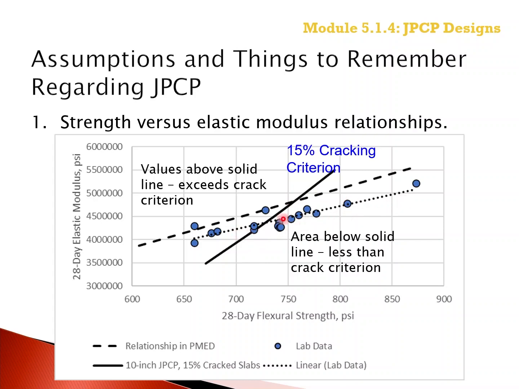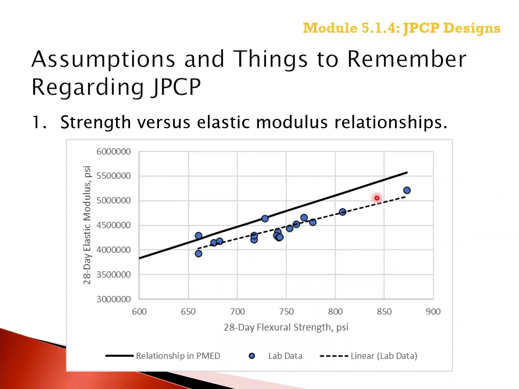So the laboratory data, the measured flexural strength versus elastic modulus, is now compared to the dashed line of the regression equation between flexural strength and elastic modulus that is included in the software, showing that there is a bias. And that's basically from the previous slide shown here.